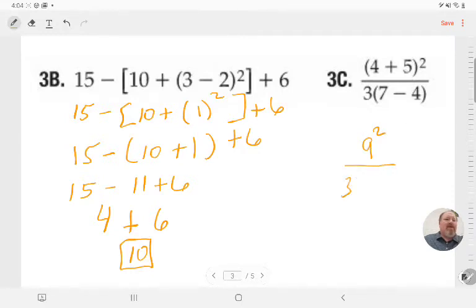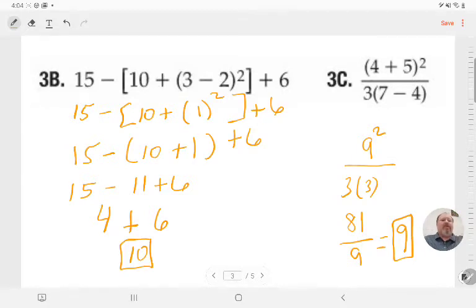So 3 times 7 minus 4, or 3. Now, on the numerator, we have exponents. So 9 times 9 is 81. And on our denominator, 3 times 3 is 9. And then we can go ahead and simplify that. 81 divided by 9 is going to give me 9. So 9 is your answer.